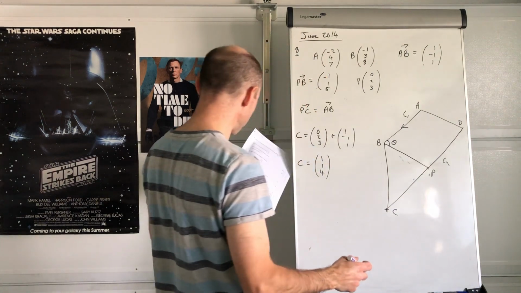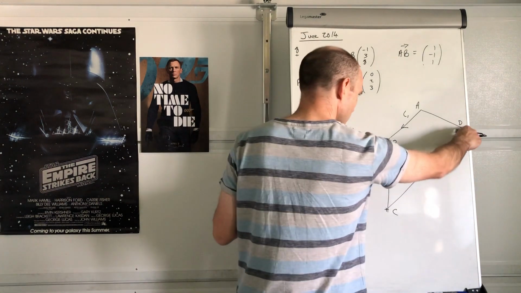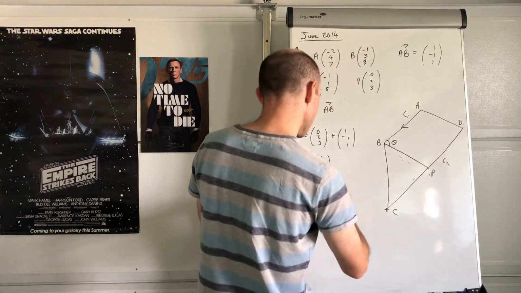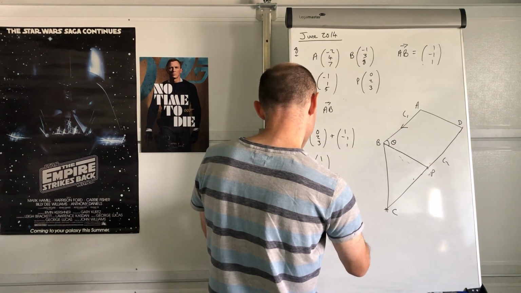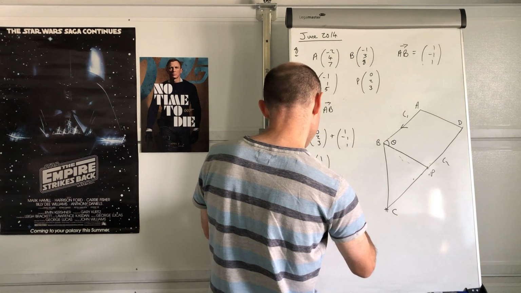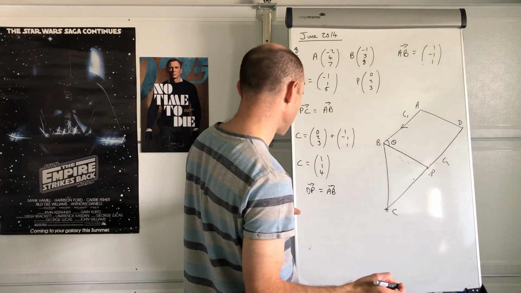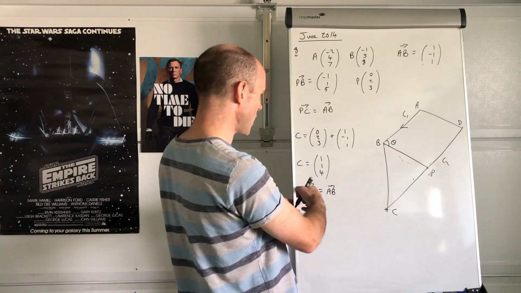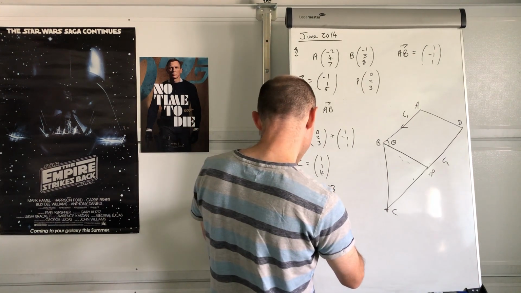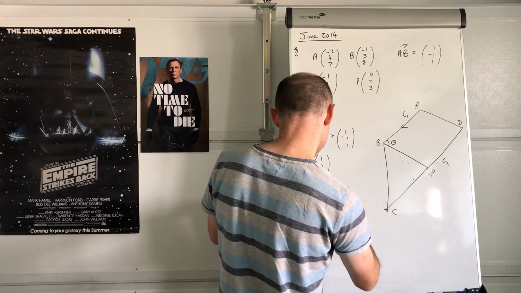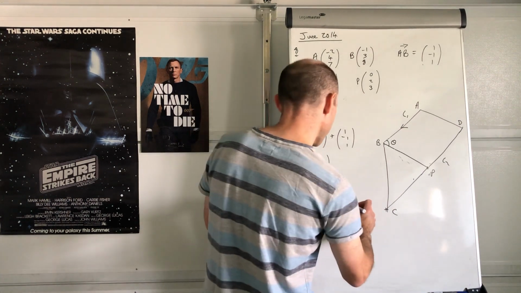Right, so we're also told that DP is equal to AB as well. So DP, let's write it down, is equal to AB. We do a similar thing with that, except I want to start off at P. So what that means is that PD must be equal to BA. Let's write down what BA is.